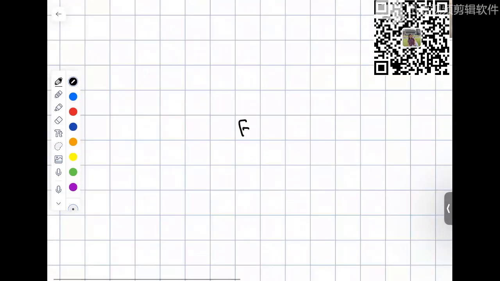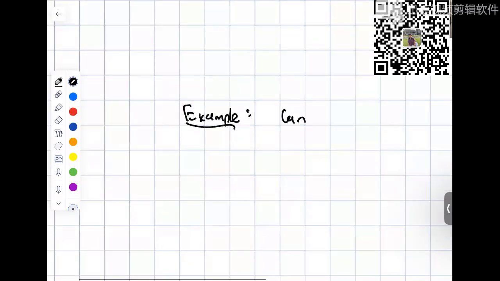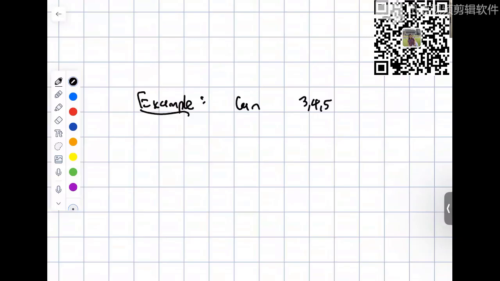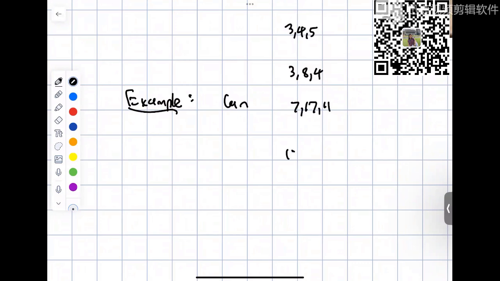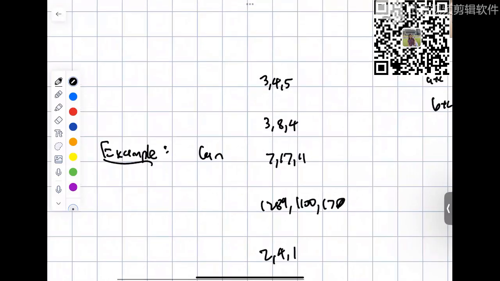No. Why? Wait, yes, it can. Wait, 3, 4, 5, you just add the two smaller numbers together to know.